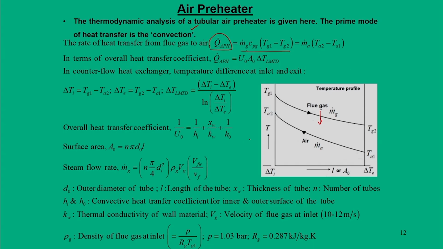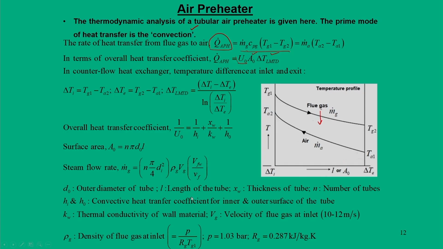Another expression for this heat transfer links it to the geometry of the preheating unit through the overall heat transfer coefficient, outer surface area and LMTD. Here also the LMTD can be calculated in a similar manner as we discussed previously.